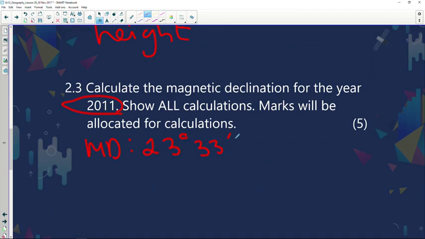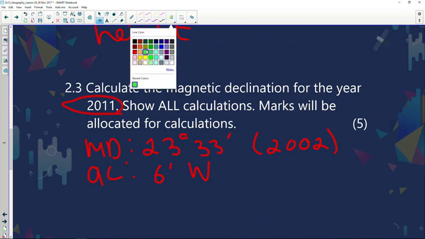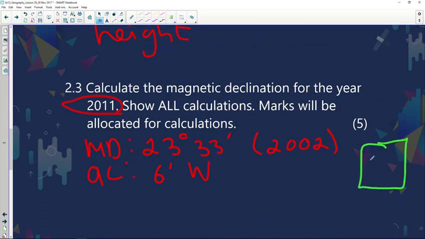And this map was drawn up in 2002. And we know the annual change was 6 minutes west. Now keep in mind, when it's west, the change, we add. When it's east, we subtract.